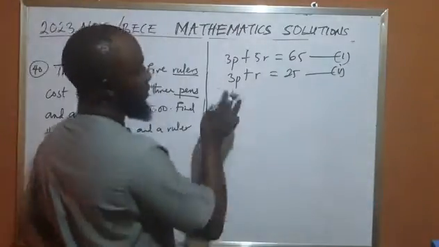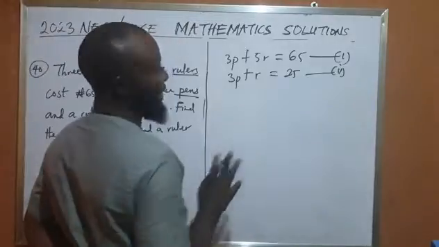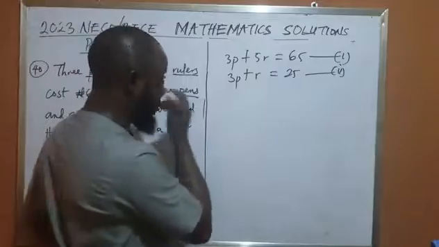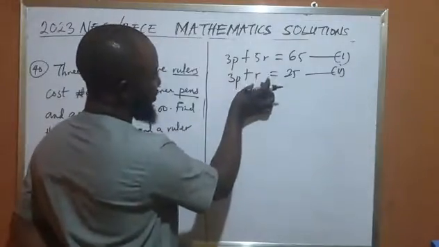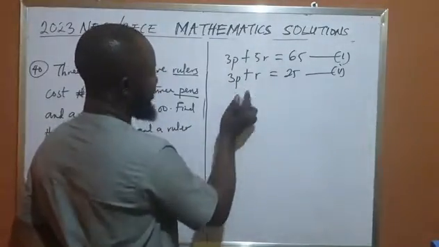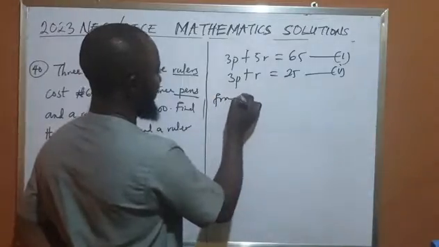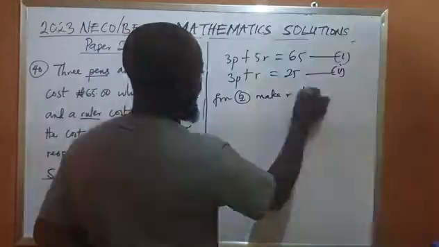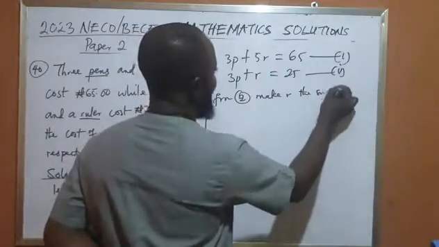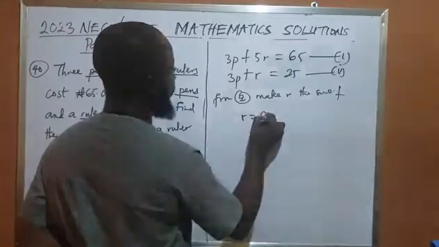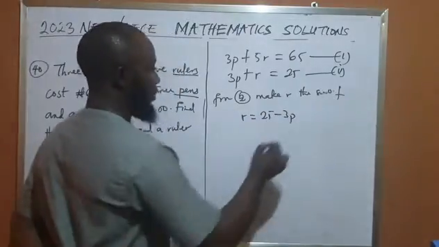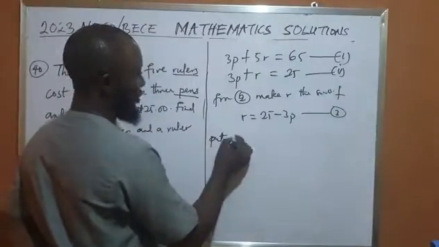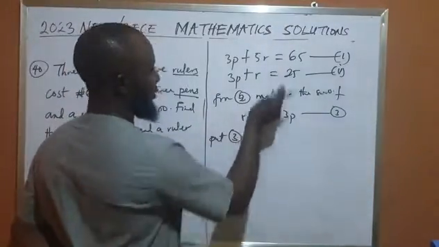From here, we can use any method of our choice, but the best method to adopt is the substitution method, because the coefficient of R in equation 2 is 1. So we make R the subject of formula: R equals 25 minus 3P. This is equation 3. We put 3 in 1.